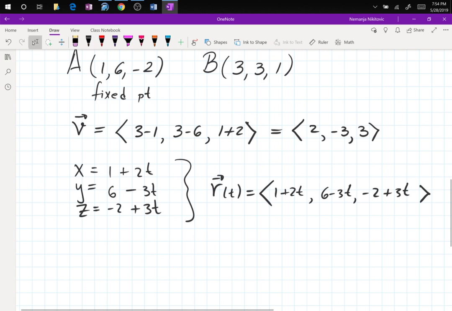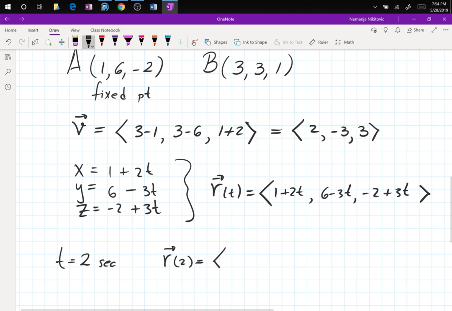If something is moving in a straight line through space, we can find its location if you provide parameter t. That parameter t could be time. So where is this object after 2 seconds? Well, it's simply r of 2.